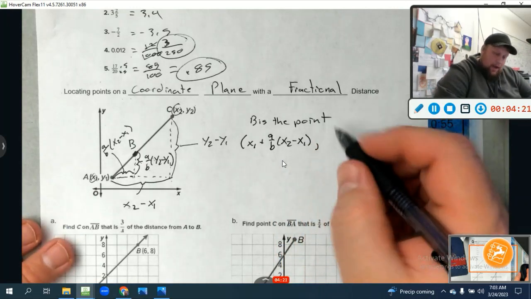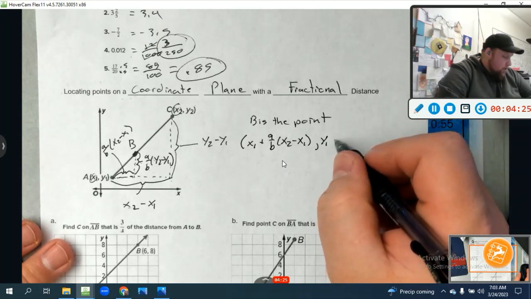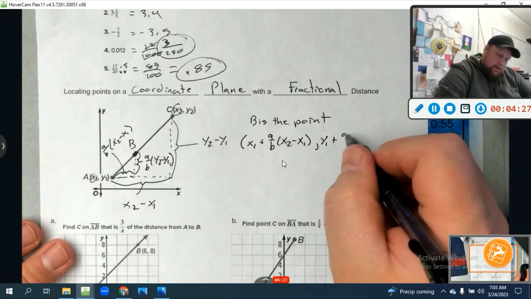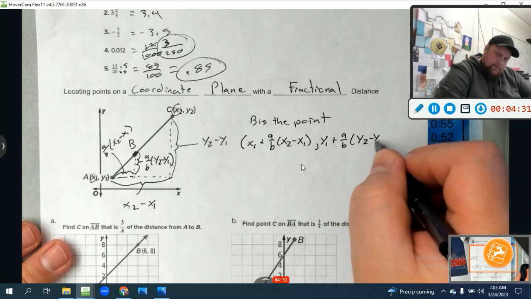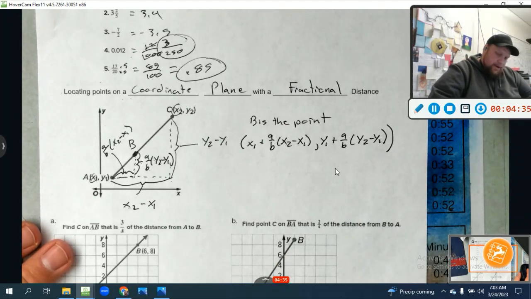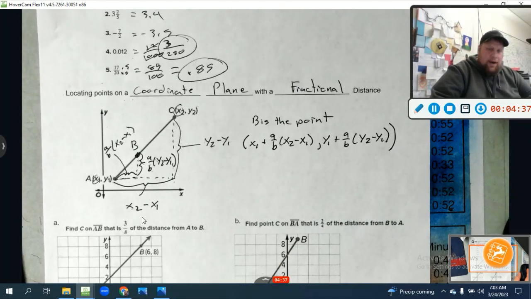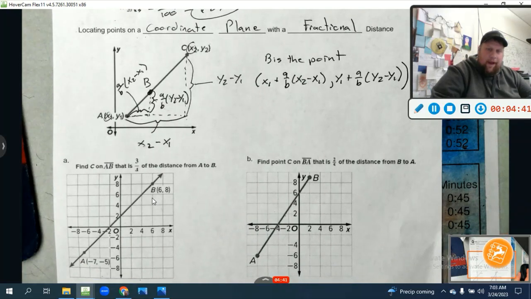And the y coordinate is the y1 coordinate plus the fraction times the distance between the 2 y coordinates. I know it looks so much more complicated than it actually is. So let's get into some practical examples where we can see this in action, okay? All right.